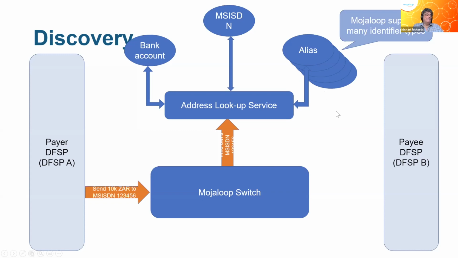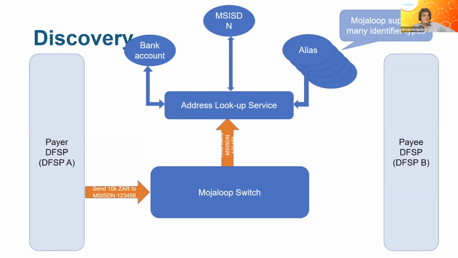Others will have phone numbers for mobile money operators and other kinds of institution as well. So Mojaloop allows you to have your own implementation of a lookup service if you want to. Miguel said correctly that in most cases, the address lookup service doesn't need to know anything other than the entity that an identifier belongs to.